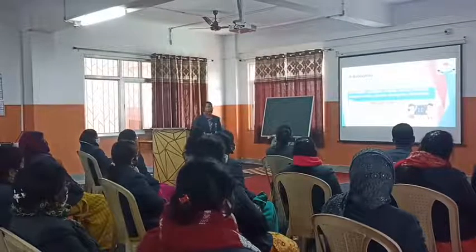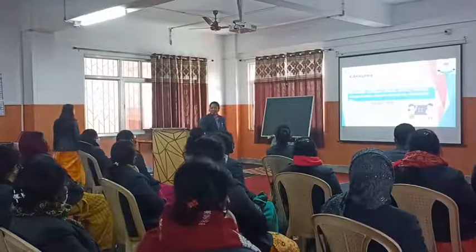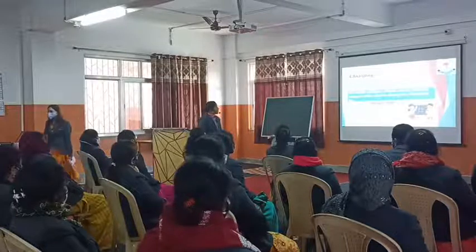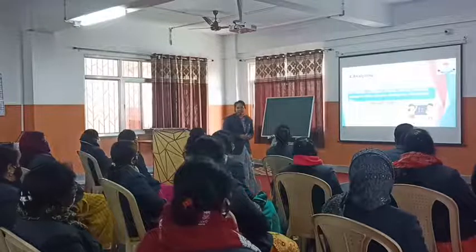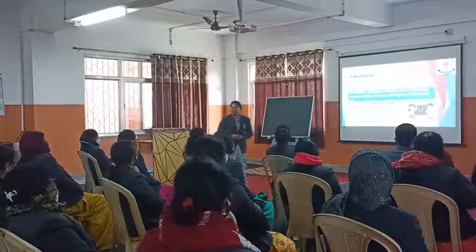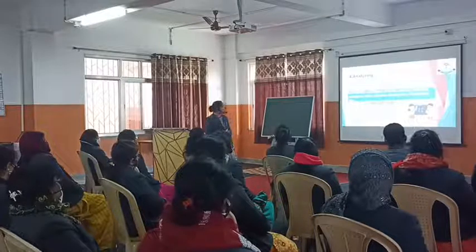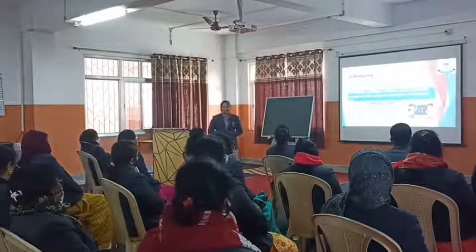From these keywords, I have taken two keywords, distinguish and illustrate, for framing the questions. So the first question is distinguish, because this is the analyzing level and the students are easily able to analyze things. So distinguish between the plant cell and animal cell.